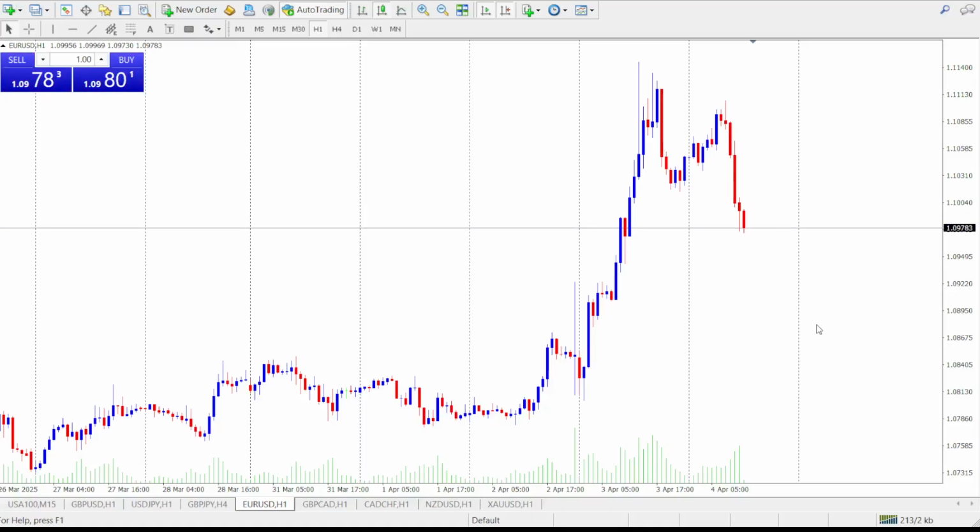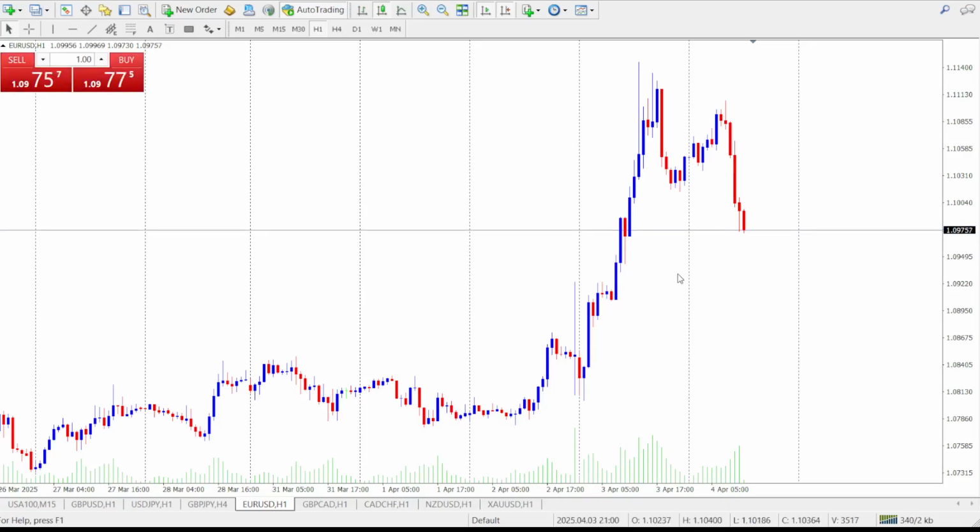Are you looking for a reliable trend following indicator that works seamlessly on MT4 and gives you a powerful edge in the market? In this video, we are diving deep into the Disparity Index Indicator for MT4.